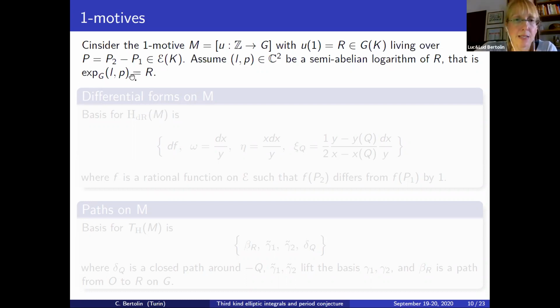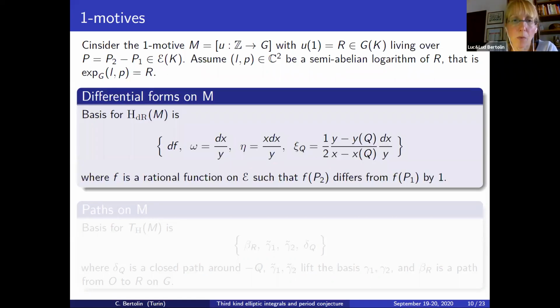So as a basis of differential forms on M, I choose omega, the differential form on the elliptic curve of first kind, then eta, the differential form of second kind. Then we have zeta_Q, the differential form of third kind on the elliptic curve.